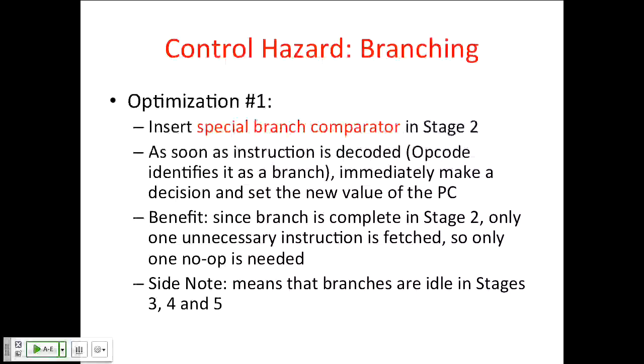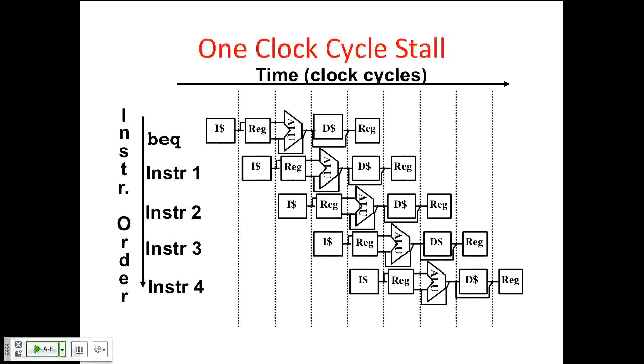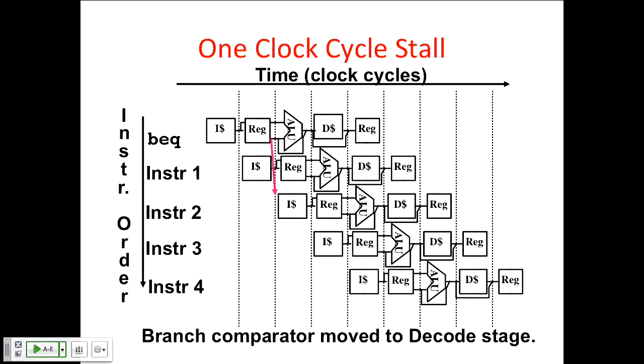One reason they did that is they could fit the branch comparator into the end of the decode stage, and this reduces the penalty. So instead of determining the branch condition here, they add a special circuit that does it as soon as the values are available at the start of this cycle. By doing that, you chop the penalty down to only 1 cycle. So you've halved the penalty by adding this extra circuitry.